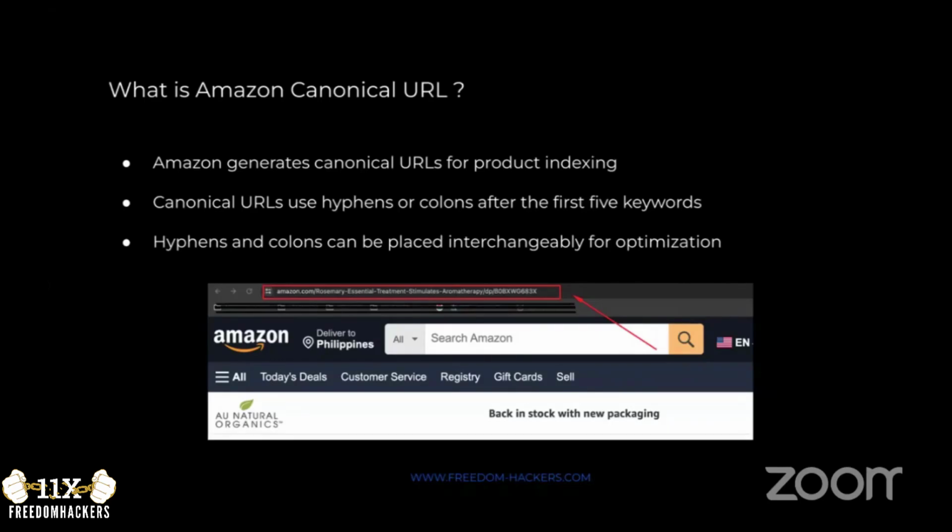Then it makes sense to do the extra effort to optimize every single thing based on the main keyword. We could do optimization for the product name, the product packaging, and in some cases even the brand name. It depends on the path you're going on.